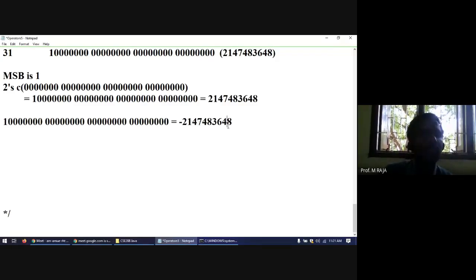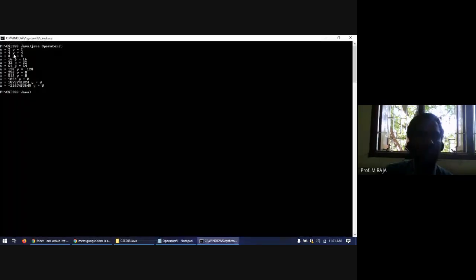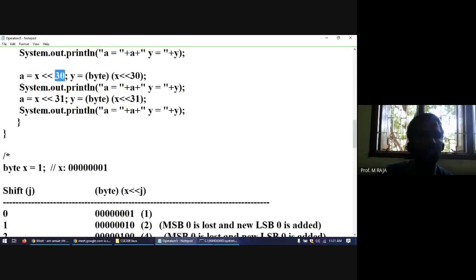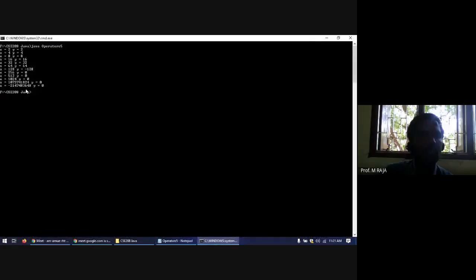And check it in the output. Here it writes 2, 4, 8, 16, 32, 64, etc. Have a look at these lines. This is during the 30th operation, right? During the 30th operation, the quantity 1073741824 is displayed, so you can get this quantity.